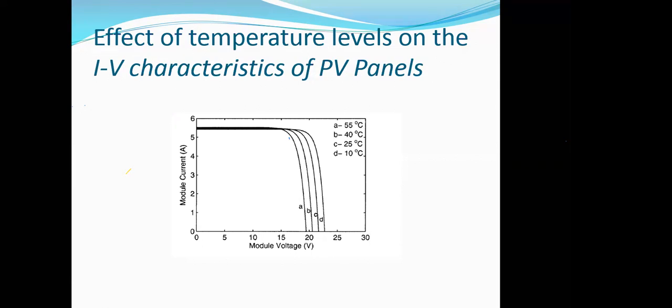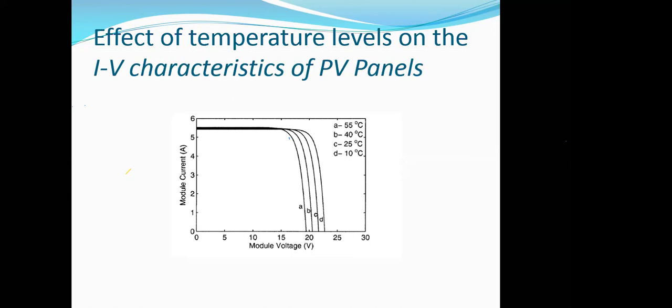Some might say it is in the month of June, March, April, when we are having the summer season. But basically, the output is maximum when we are having the highest sunlight and the temperature is low. So in the month of, let's say, February or March, when there is sufficient sunlight and the temperature is less, or in the month of October, November, where the sunlight is sufficiently available and the temperature is low.